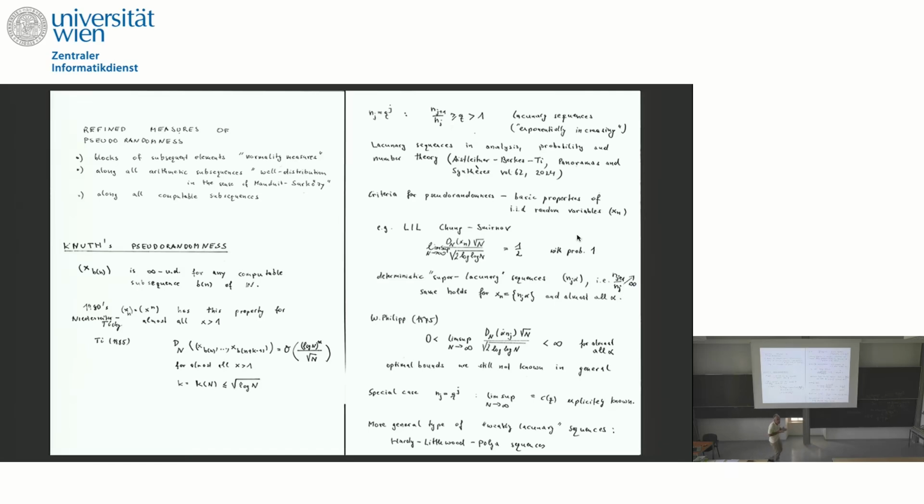So another possibility to characterize random properties of sequences, of course, is to look for properties which are very well known for true random sequences, for IID sequences. And if a deterministic sequence has these properties, you can consider it as a good model for a random sequence.